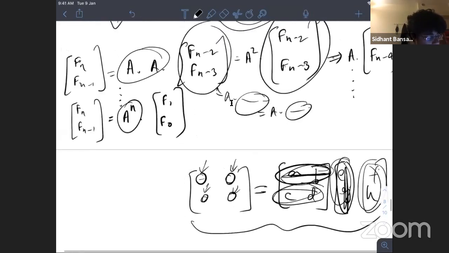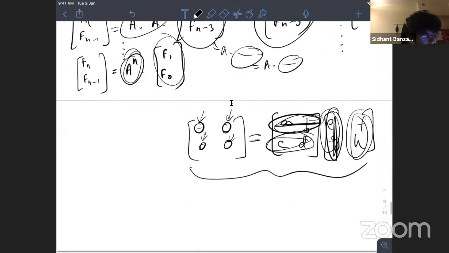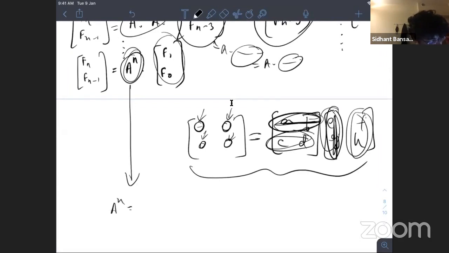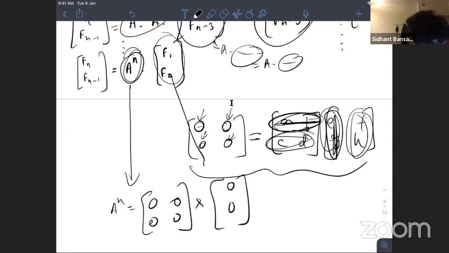So you have A to the n here and you have this vector. Now the question is, once you can calculate A to the n, which is basically some 4 values, then multiplying it with this vector is pretty simple.